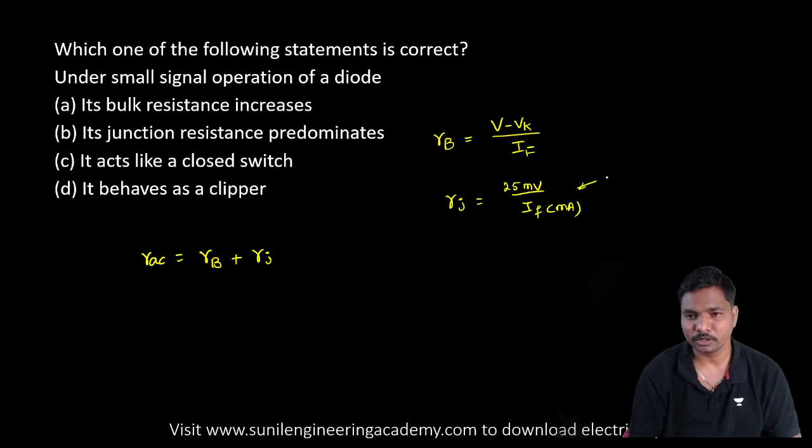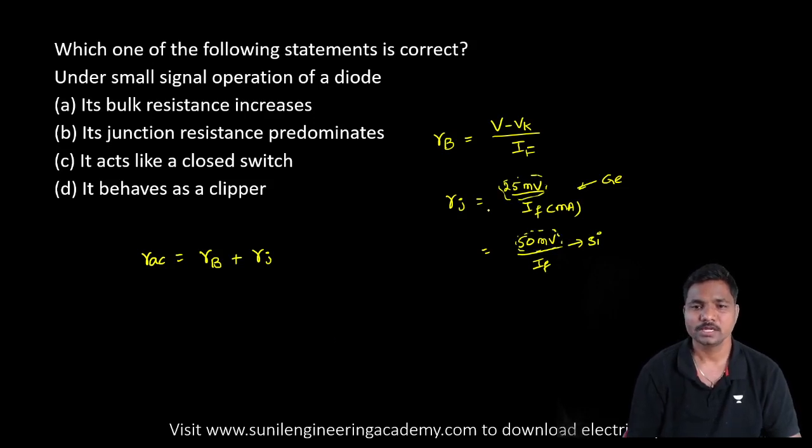This is 25 millivolts for germanium, and in case of silicon, it is 50 millivolts. That means here the voltage is constant. It does not depend upon any forward voltage, so it is just inversely proportional to forward current.